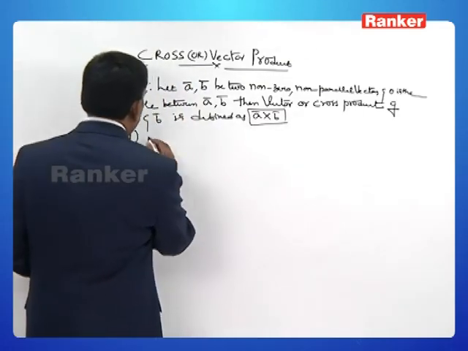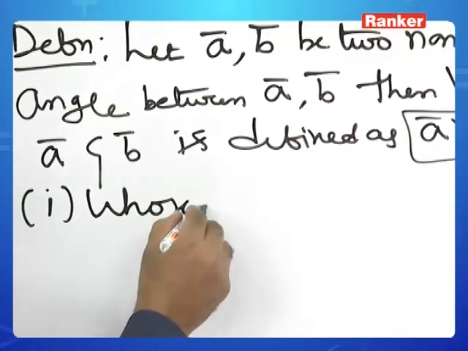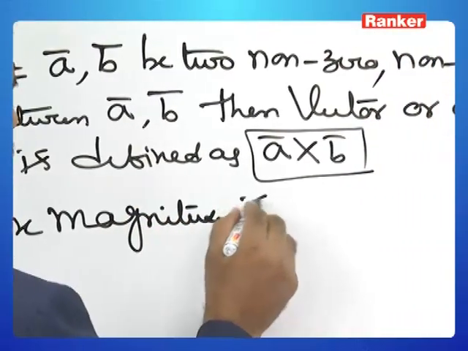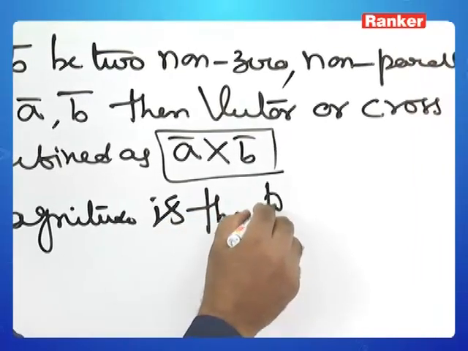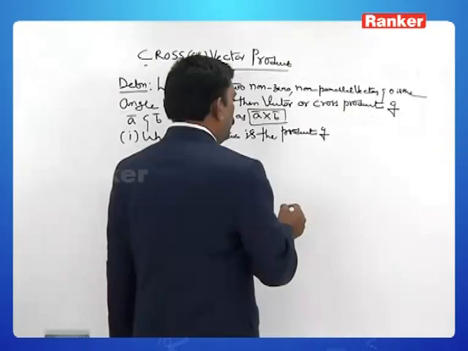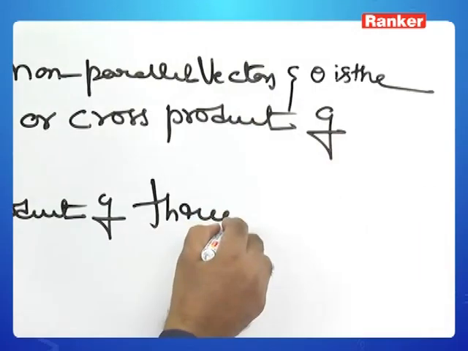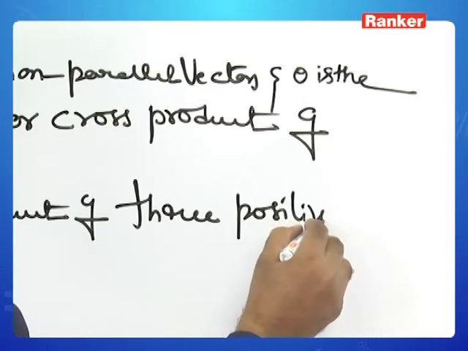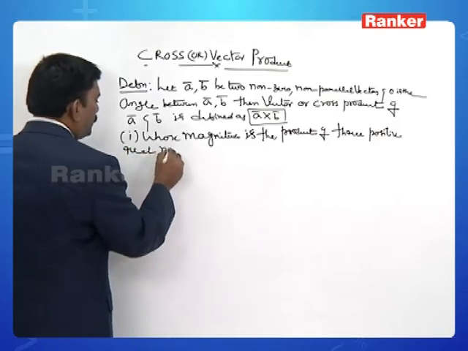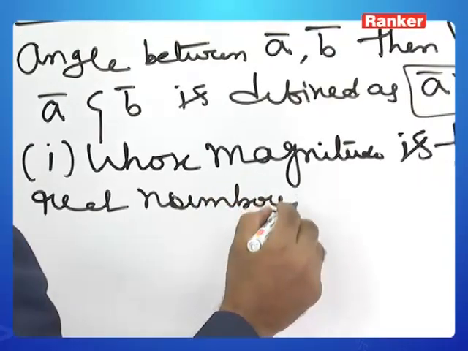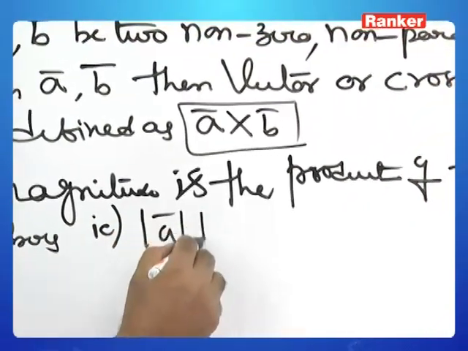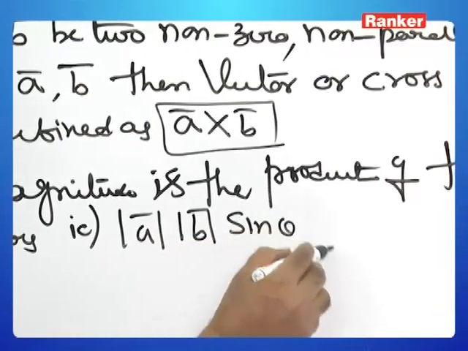Whose magnitude is the product of three positive real numbers, that is mod A mod B into sin theta.